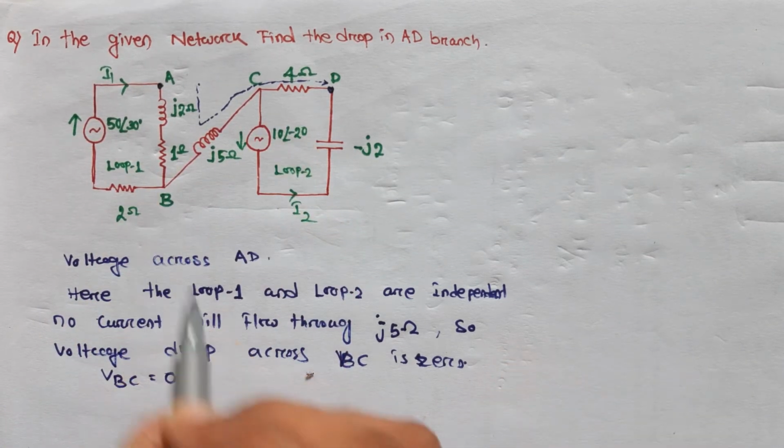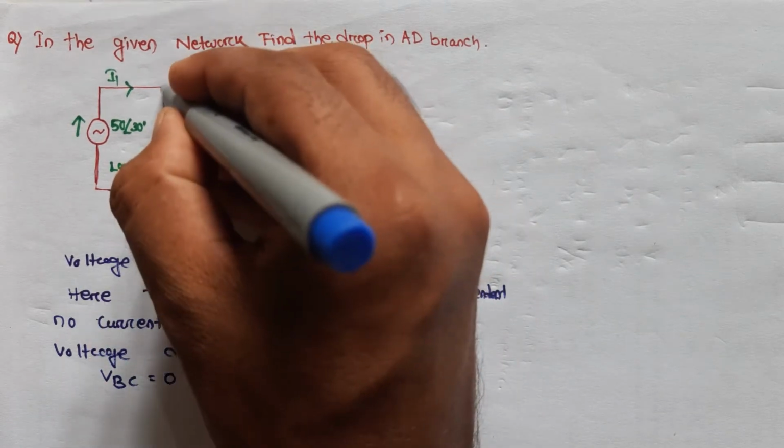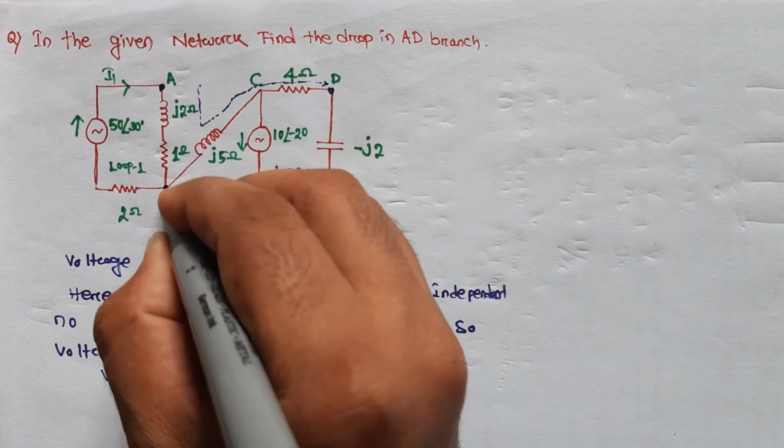Here we know the algebraic sum of the voltage drops.